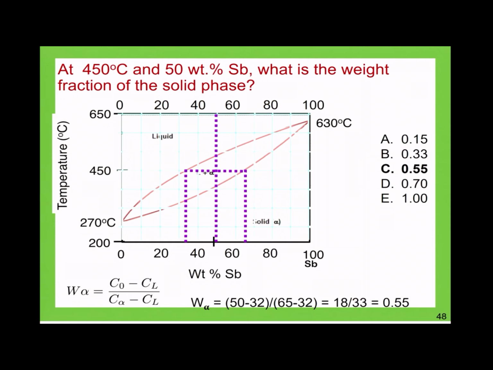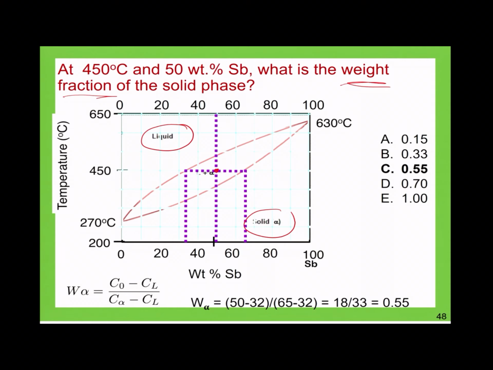So what the question is asking for is the weight fraction of the solid phase. When you're reading an isomorphous phase diagram like this, we've identified what the liquid phase region is and what the solid region is. Here it's called alpha, but it could be any Greek letter. We want to know the weight fraction, so we need to know where we are on the phase diagram.